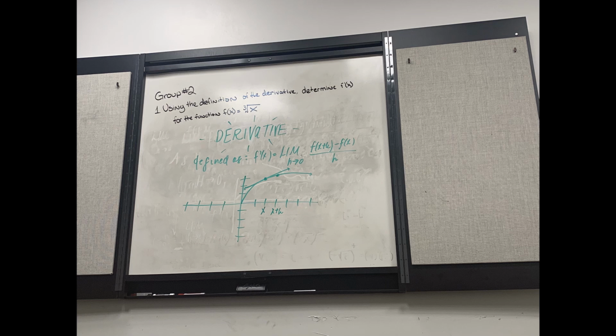To begin this problem, we must identify what the definition of a derivative is. The derivative of y with respect to x is defined as the change in y over the change in x, as the distance between x0 and x1 becomes infinitely small.